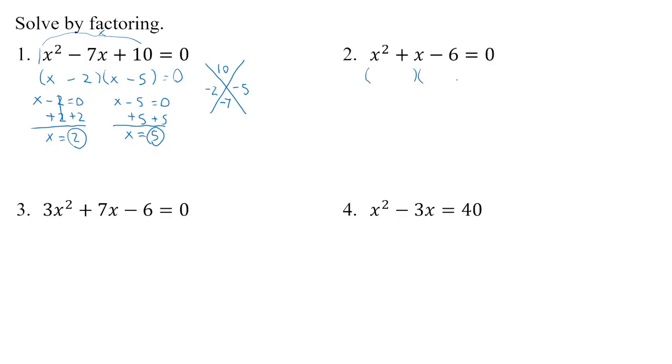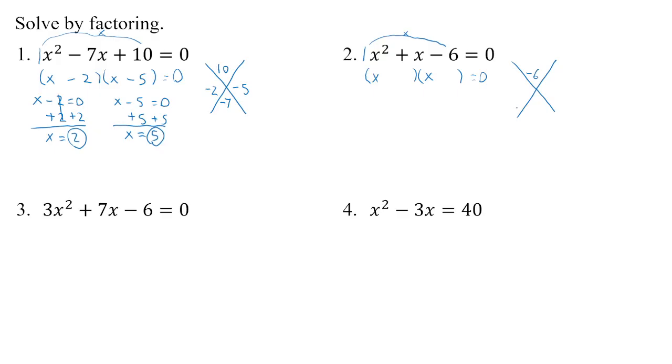First, we're going to factor x squared, that is x times x. Next, we're going to draw a big X. Up top, you're going to put the product of the leading coefficient and your constant, and that's 1 times negative 6, which is negative 6.